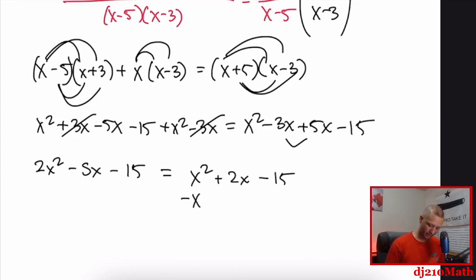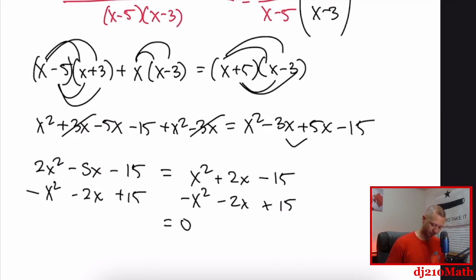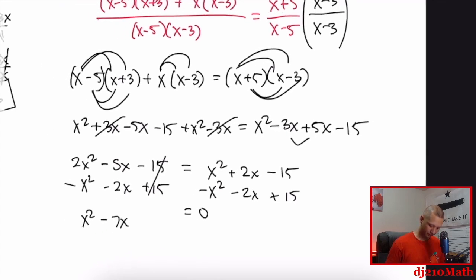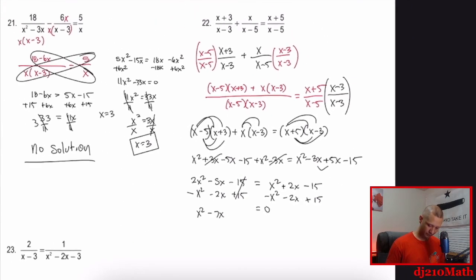All right, minus x squared minus 2x plus 15. So right-hand side is 0. Left-hand side cancels. X squared minus 7x equals 0.